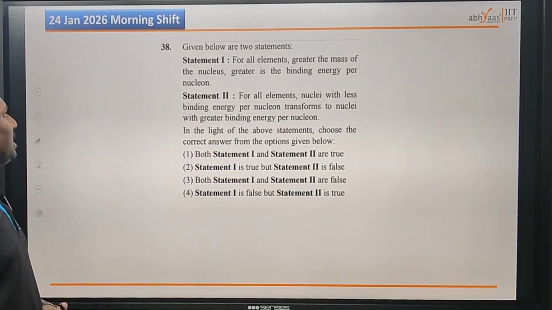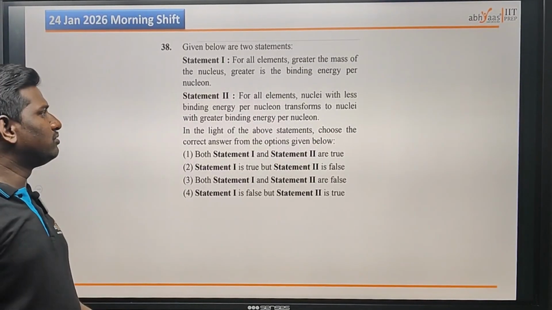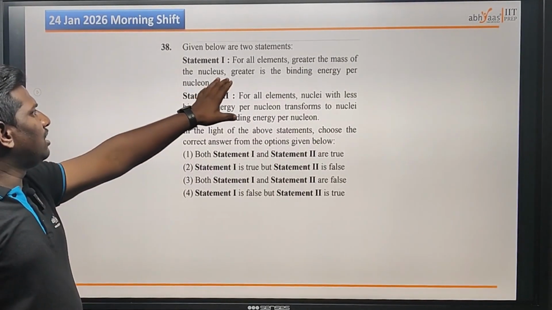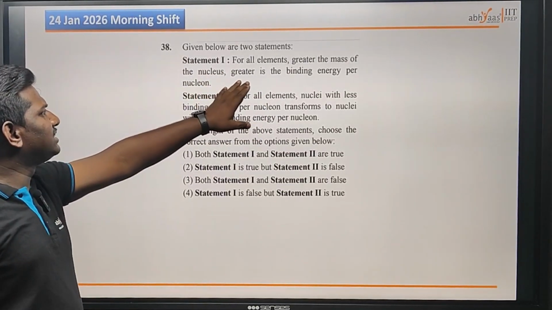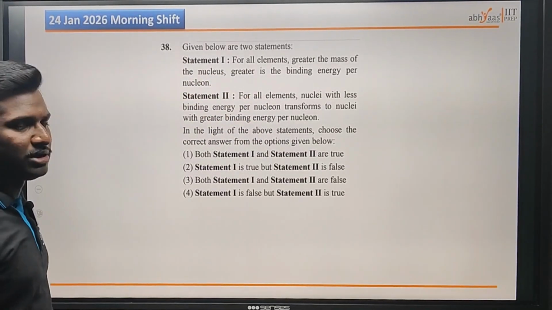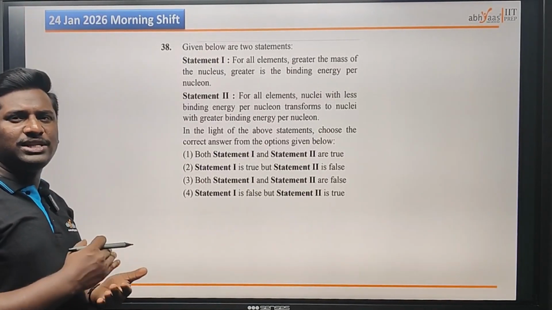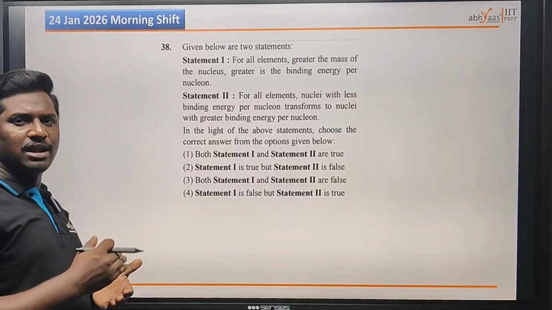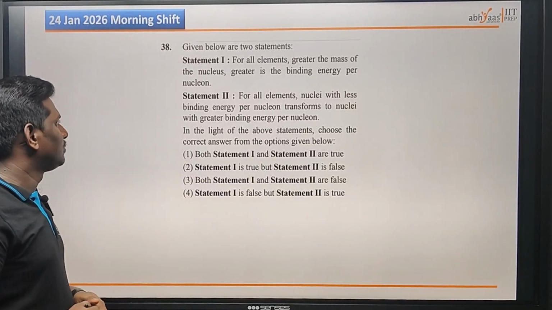Next, question number 38. Statement 1 and statement 2. For all elements, the greater the mass of the nucleus, the greater the binding energy per nucleon. What they are saying is, if the mass of the nucleus is greater, then binding energy per nucleon is also greater. This is wrong.